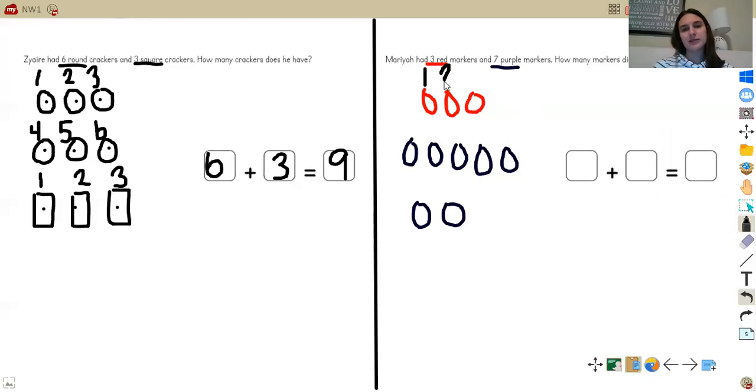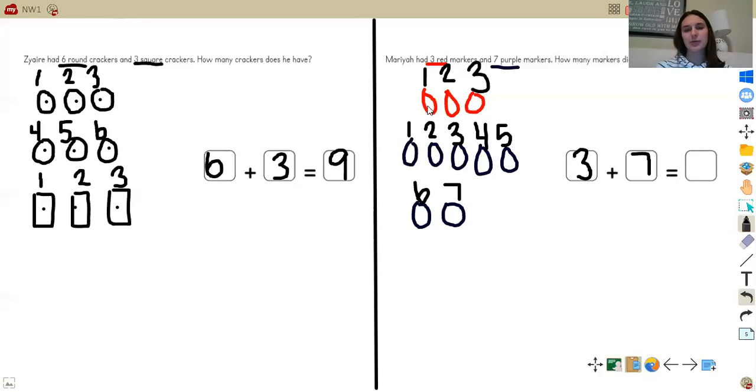1, 2, 3. So I know I have 3 red markers, and then I have 1, 2, 3, 4, 5, 6, 7 purple markers, and all together let's count 1, 2, 3, 4, 5, 6, 7, 8, 9, 10.